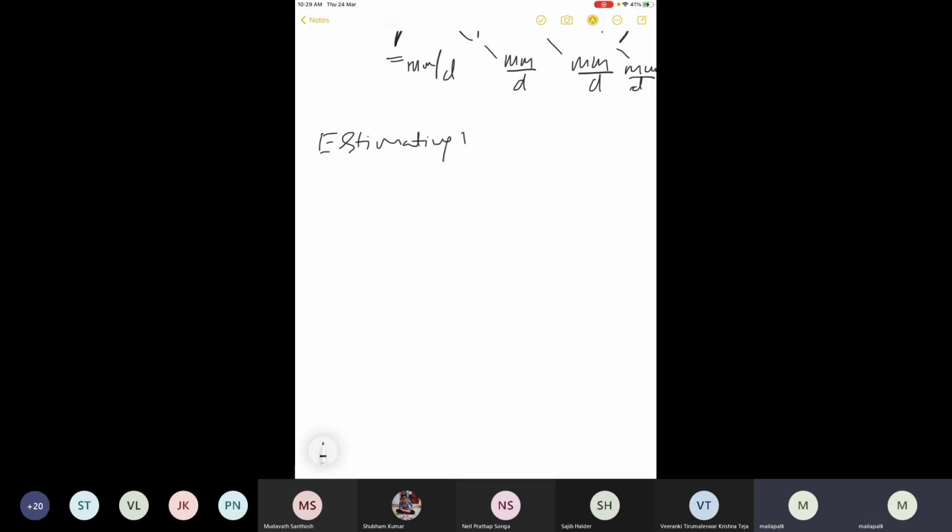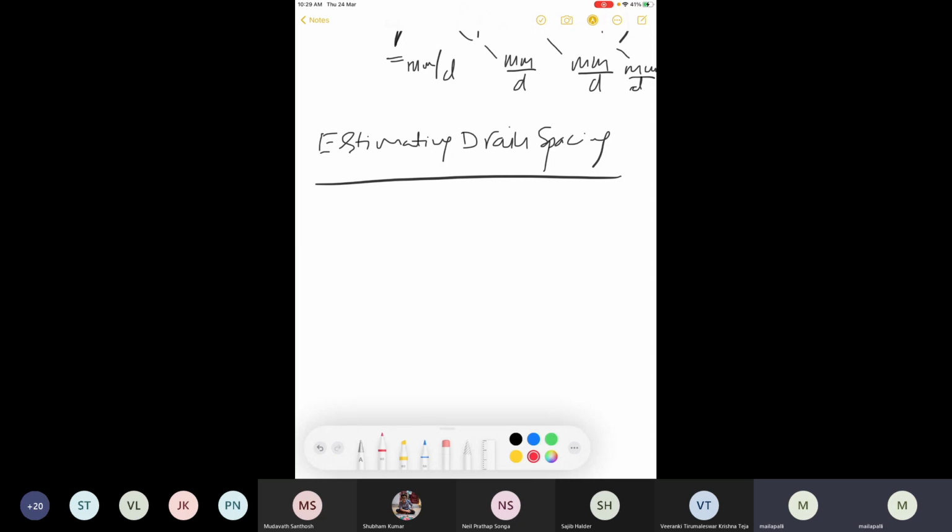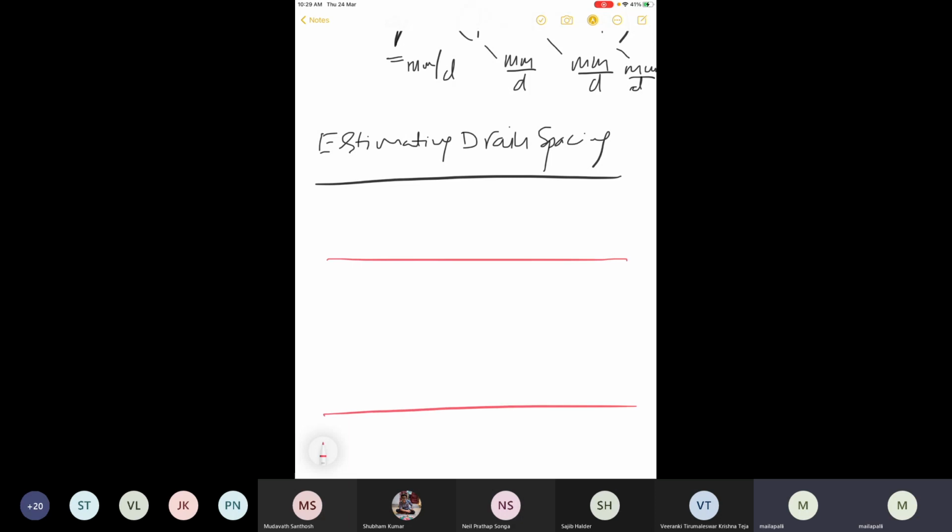Estimating drain spacing. Before that, let's understand some terminologies. The terminologies here are for this one and this one. So this is an impervious layer.